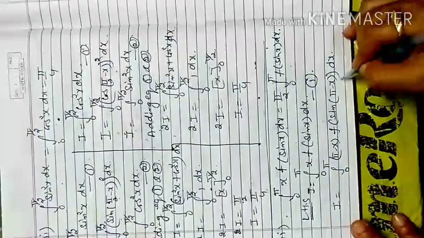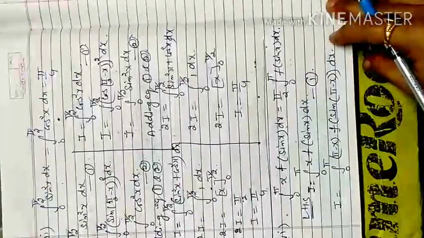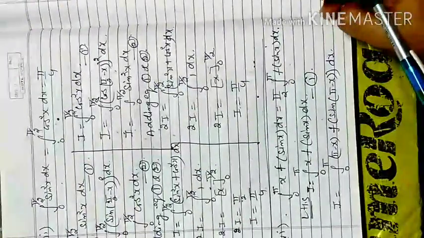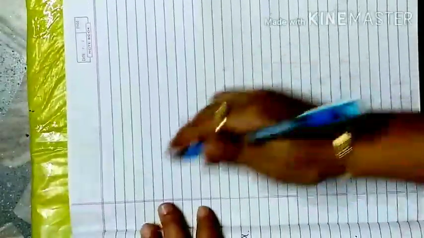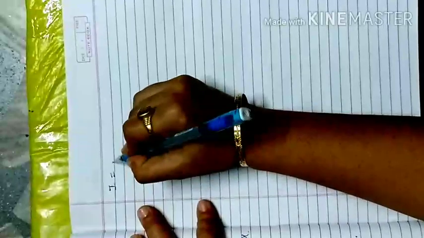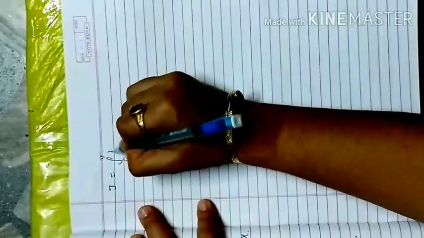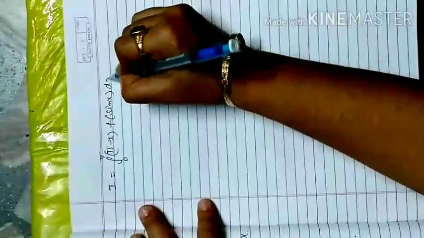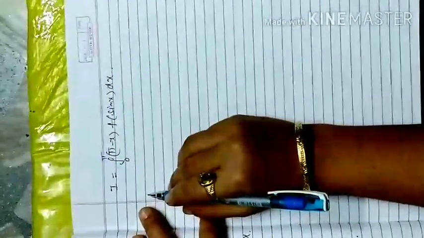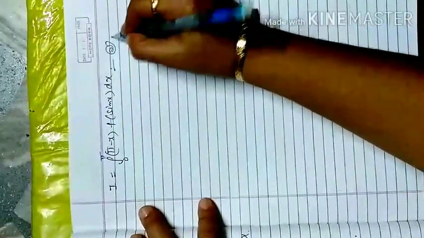So you very well know that sin of 180 minus x lies in the second quadrant, where sin is positive, so that will remain as sin x. So according to that your second equation will be here. So I is equal to the integral from 0 to pi of (pi minus x) f(sin x) dx. Now you open this one, so this is your second equation.